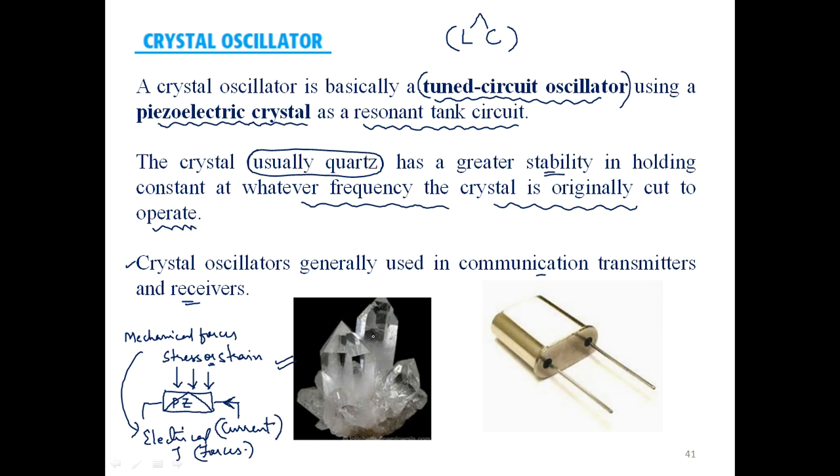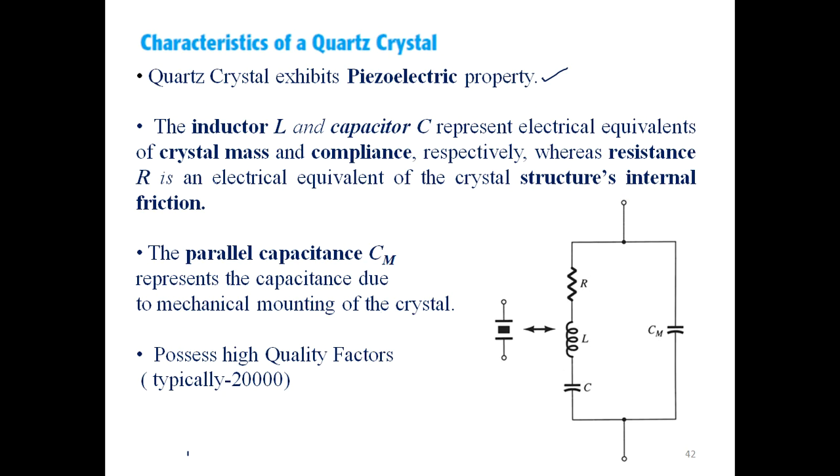How do I relate inductance and capacitance? Well, there is a way of doing that also. How? The inductor L and the capacitor C represent electrical equivalents of crystal mass and compliance. See, these are the mechanical properties associated with a piezoelectric crystal.